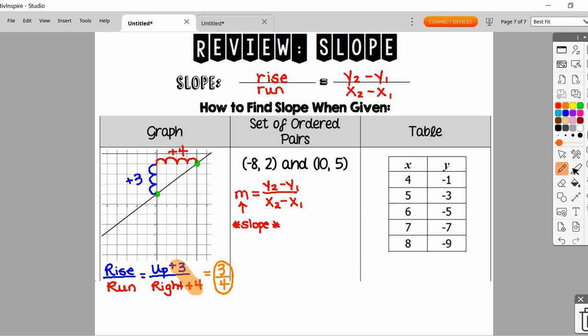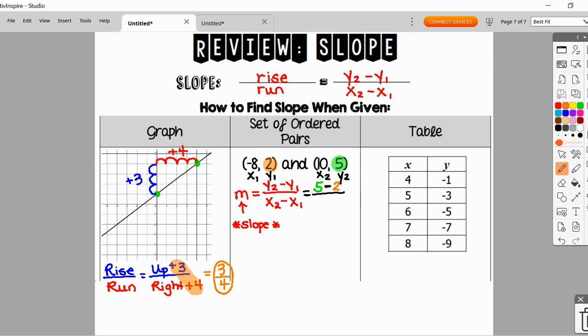From here, I'll go ahead and highlight and label my x, y, x, y. I'll make the first one with subscripts of 1 to differentiate it from the second point with subscripts of 2. I plug into my formula y2 first, so that's where my 5 is going to go. Then I go ahead and plug in my subtraction I keep of y1, and y1 in this case is 2.